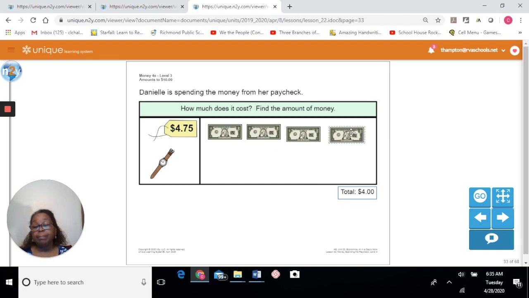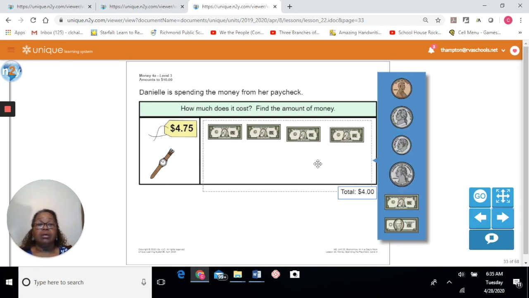What are we going to do now? Start with the largest value. Which value do you want to start with? We have the quarter, dime, nickel, and penny. What's the highest value? Quarters? Okay. Let's start with quarters. 25.